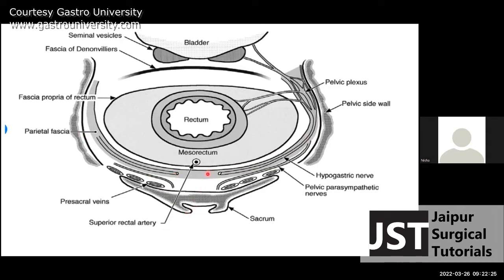So essentially, the parietal layer of the pelvic fascia has two layers. The layer covering the sacral venous plexus is called the presacral fascia, and the one covering the pelvic nerves is Kinugawa's fascia. So when we do the TME, we should lie in the plane between the mesorectal fascia and Kinugawa's fascia.